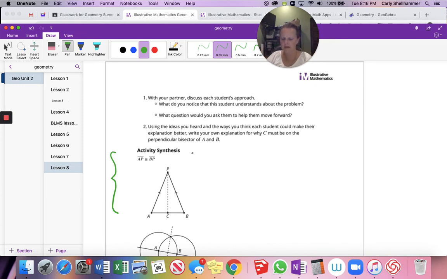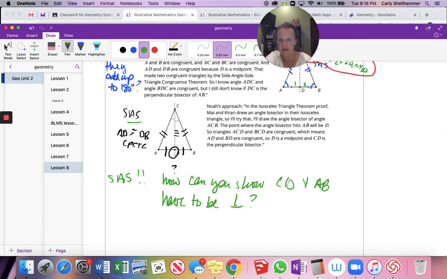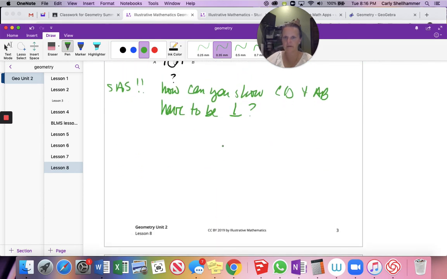So here, we're going to draw the median CD. I can't use that one. I need to use this one. Okay, let's just start here. So let me draw that triangle.